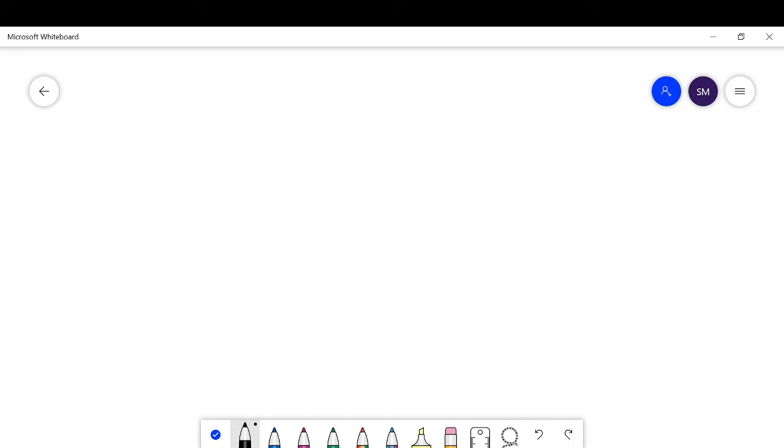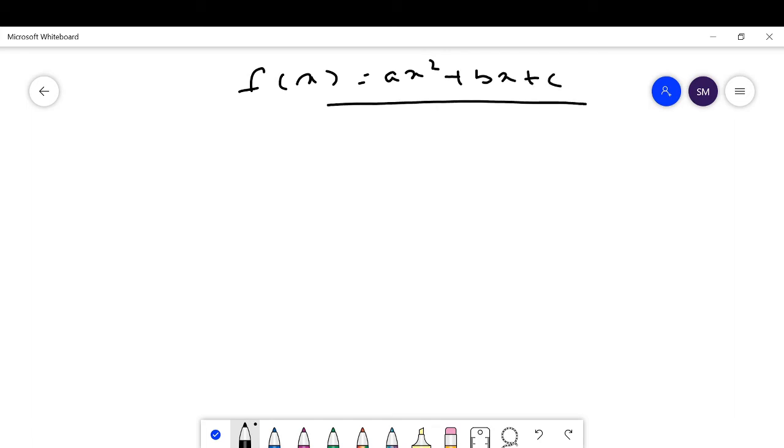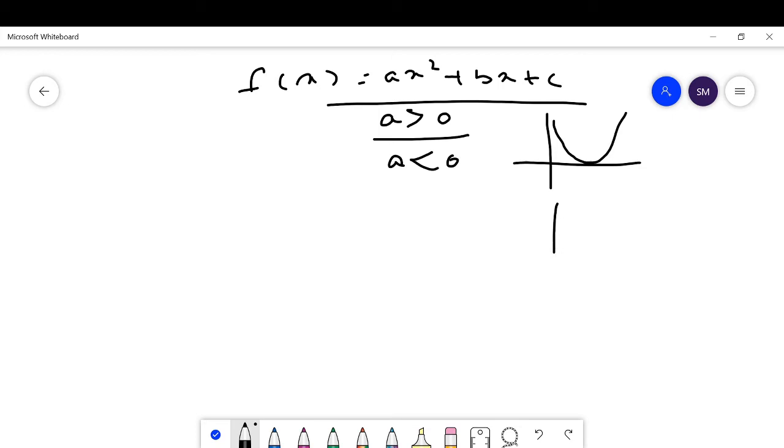When the coefficient of x square is positive, f(x) equals ax square plus bx plus c. This is the representation of a quadratic polynomial. It is important: when a is greater than 0, the parabola opens upwards like this. When a is less than 0, the parabola opens downwards.